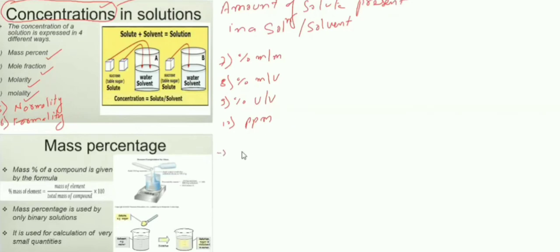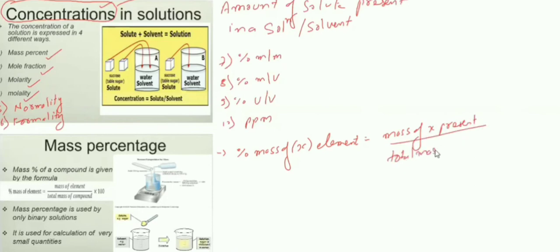So if I want to find the percentage mass of element X, the formula is mass of X present divided by the total mass of the compound in which X is present, into 100.